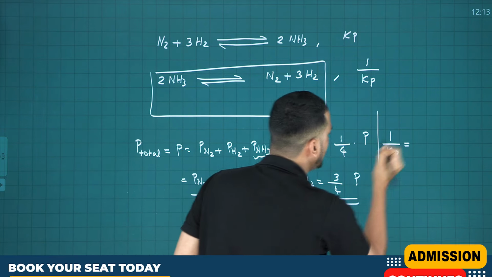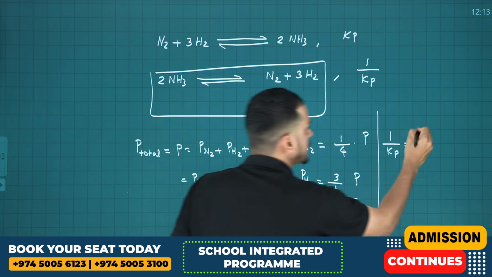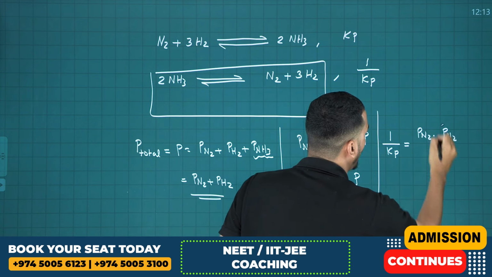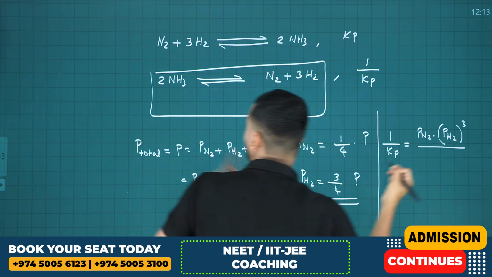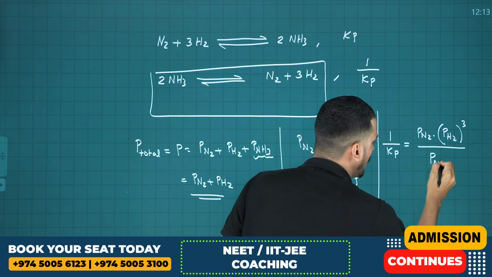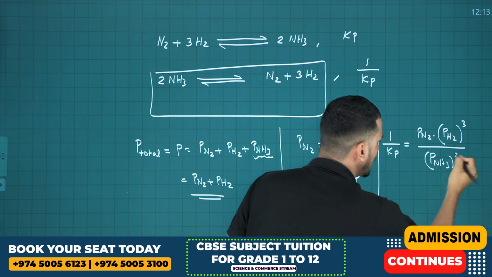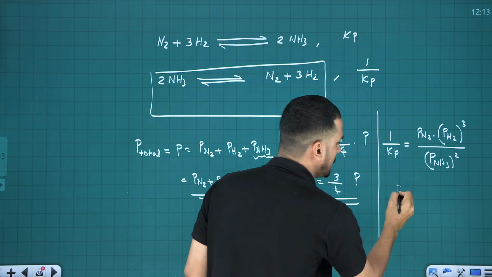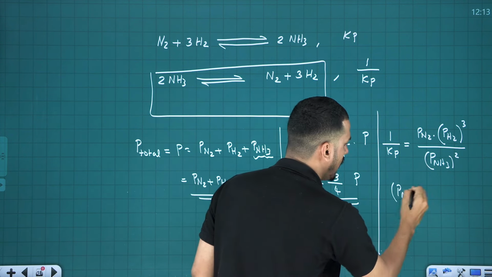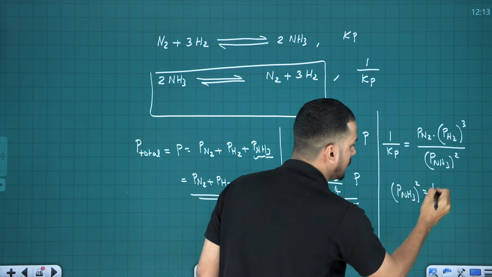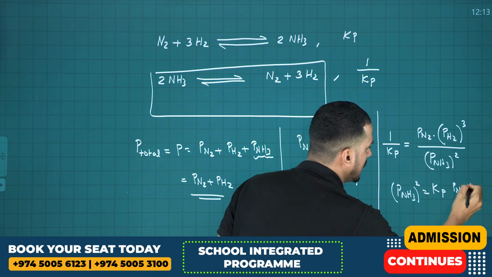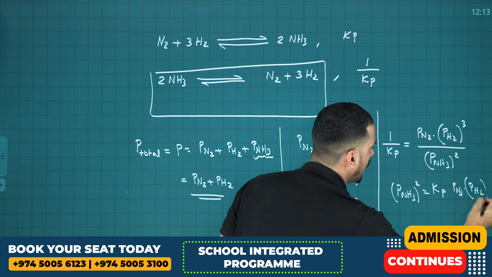That 1 by Kp equals partial pressure of N2 into partial pressure of H2 all raised to 3, divided by partial pressure of ammonia all square. I can take the partial pressure of ammonia square to the left: partial pressure of ammonia all square equals, Kp will go to the top, Kp into partial pressure of N2 into partial pressure of H2 all cube.